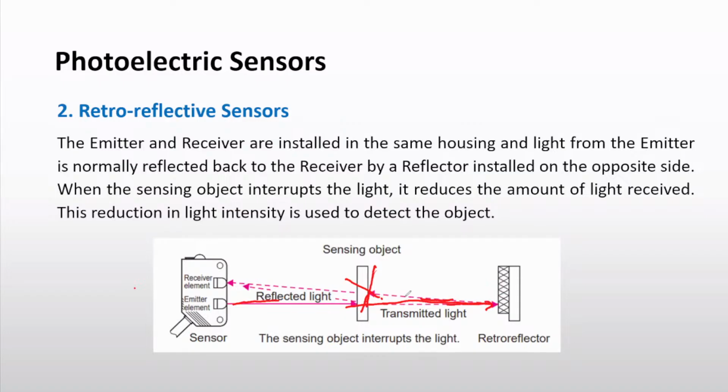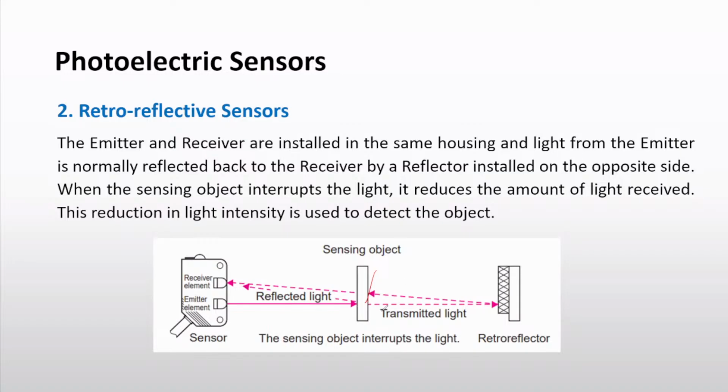Then it reflects in the direction towards its source. So normally the light beam travels to the receiver. That means when there is no presence of any object, this receiver receives the light.